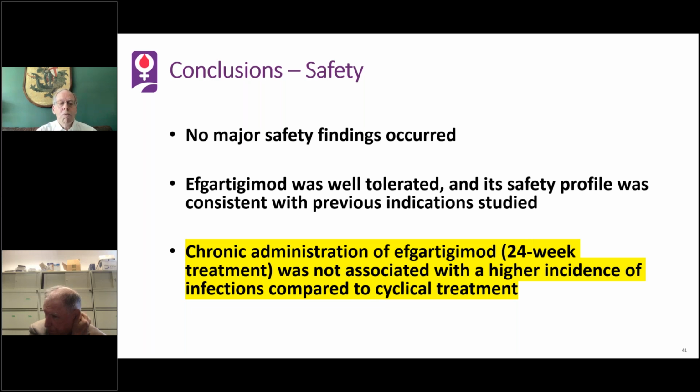This is, we believe, because you do not inhibit antibody production at all. So the specific antibodies that are there are good, the IgG ones. The IgA and IgM are unaffected. And that is thought to be the reason why infections have not been a problem in any of the trials with these agents.